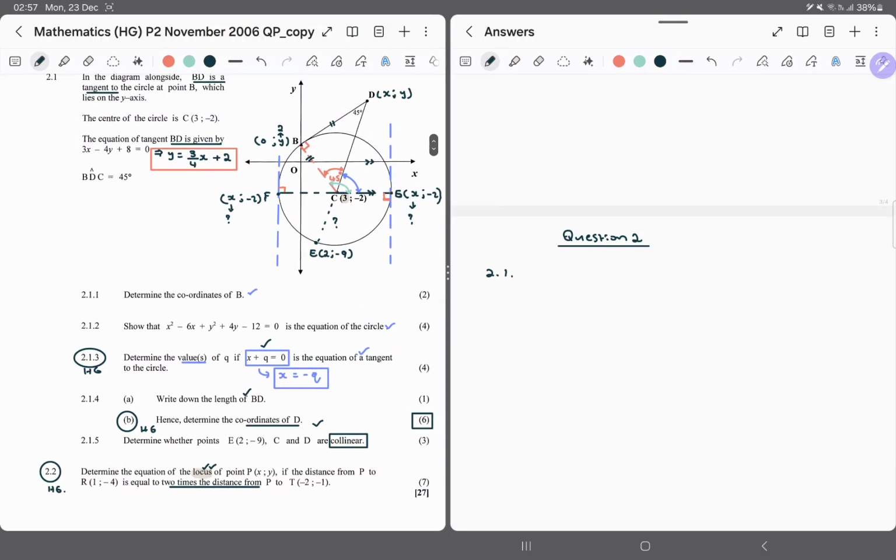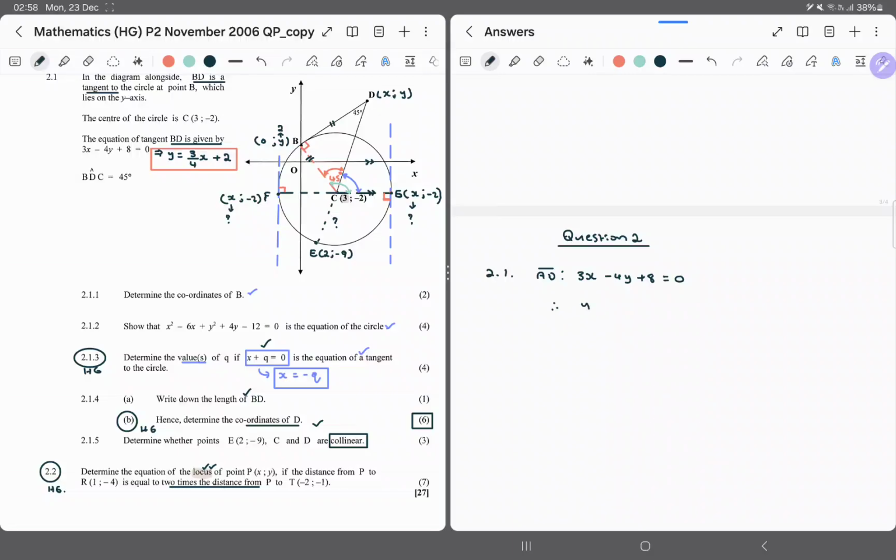Okay, 2.1, we need to determine the coordinates of B. So we know that, okay, AB was given, not AB, but AD is such that, maybe let's just give it the way it was given. We know that 3x minus 4y plus 8 is equal to 0.